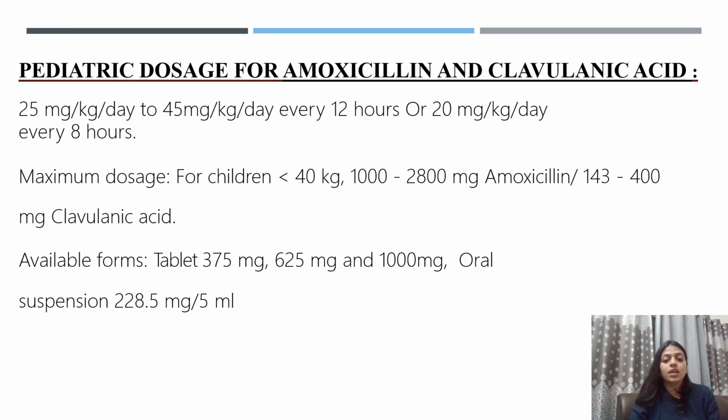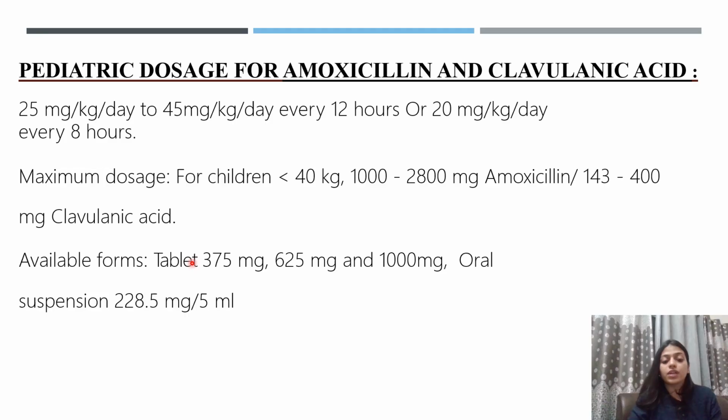Then for the combination of amoxicillin and clavulanic acid, it is 25 milligram per kg per day to 45 milligram per kg per day every 12 hours, or 20 milligram per kg per day every 8 hours. So the maximum dosage for children less than 40 kg, 1000 to 2800 milligram amoxicillin and 143 to 400 milligram of clavulanic acid can be given. This is the maximum dosage.